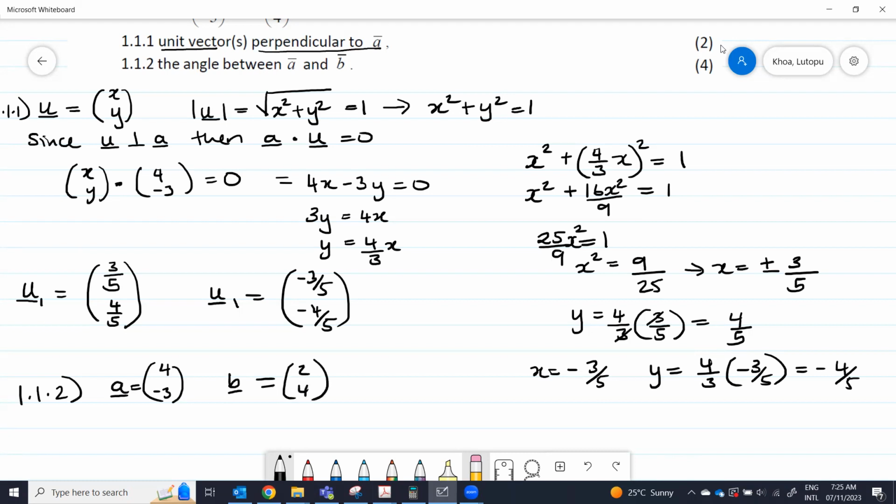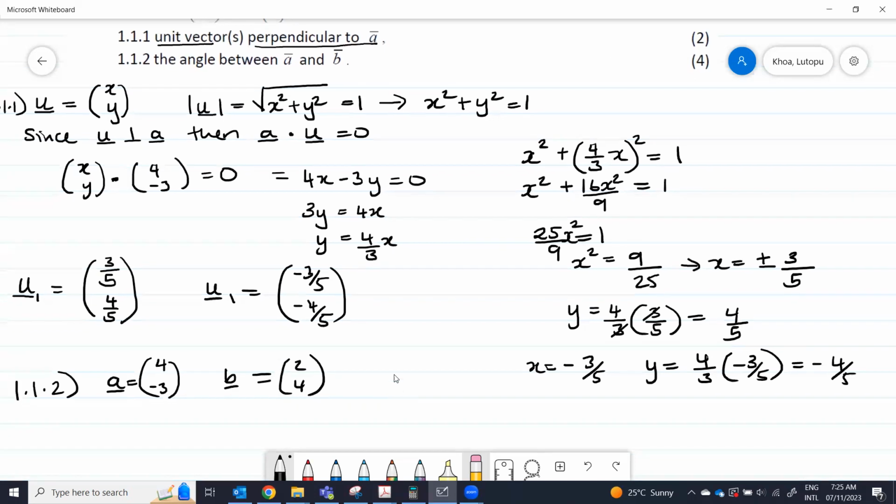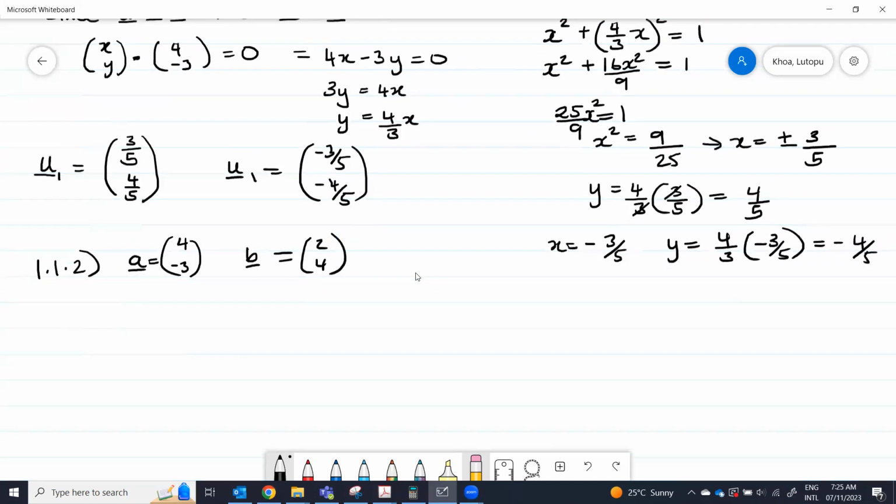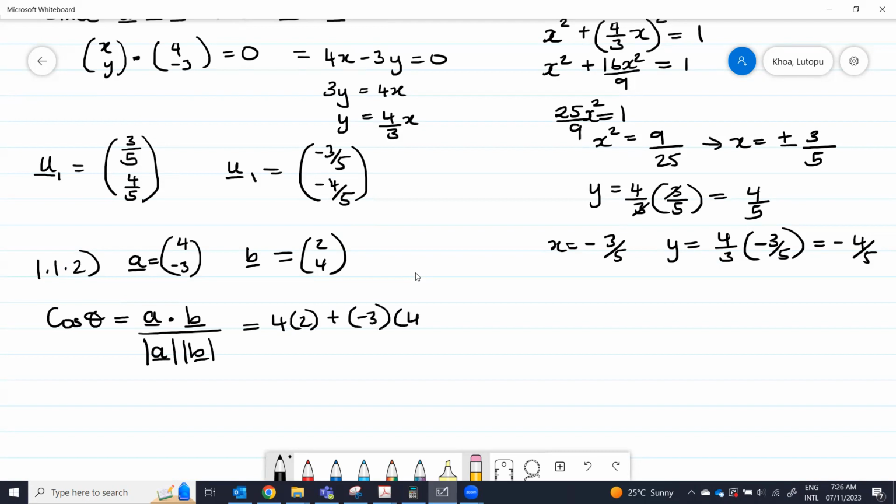So we want the angle between them. And the formula for working out the angle between two vectors is simple, where cos of theta is equal to A dot B over the modulus of A times the modulus of B. Okay, so when we work this out, A dot B is 4 times 2 plus -3 times 4.